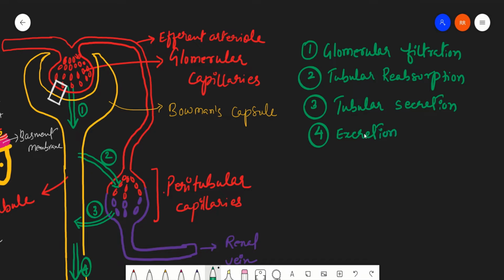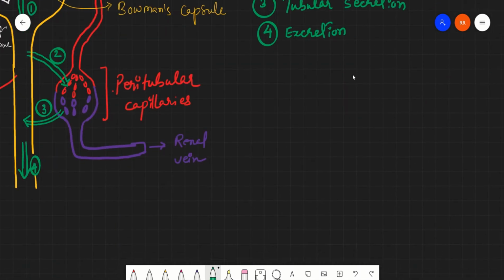So these are the four steps in the formation of urine. Namely, first is glomerular filtration, followed by tubular reabsorption, then tubular secretion, and then excretion. So let's discuss them one by one slowly.